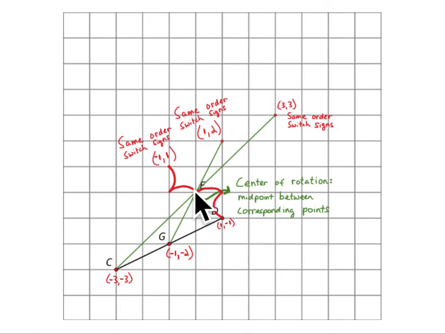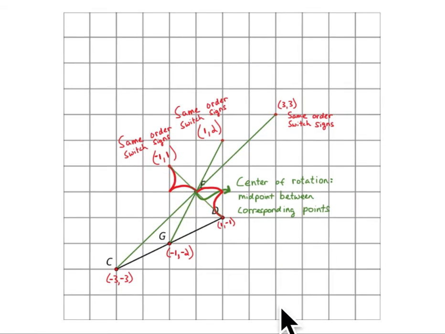So this is going to be negative 1, positive 1. It was 1, negative 1, so that becomes negative 1, positive 1. And notice that E is still the midpoint between the two corresponding points, D and D prime, we'll call that.